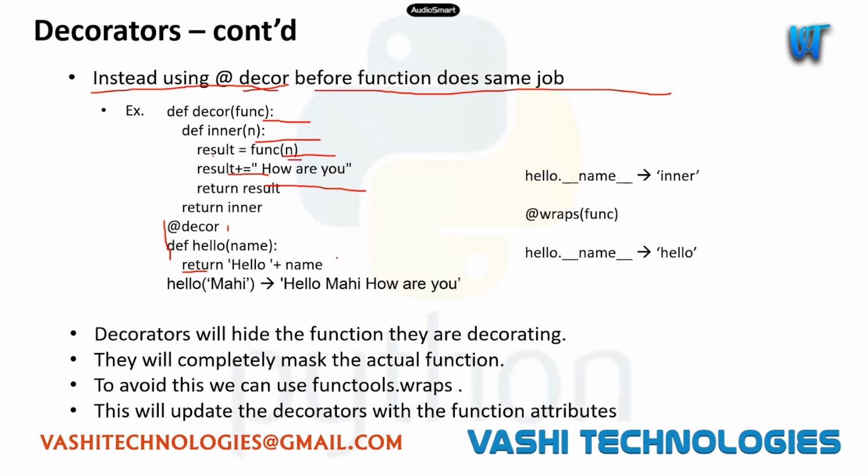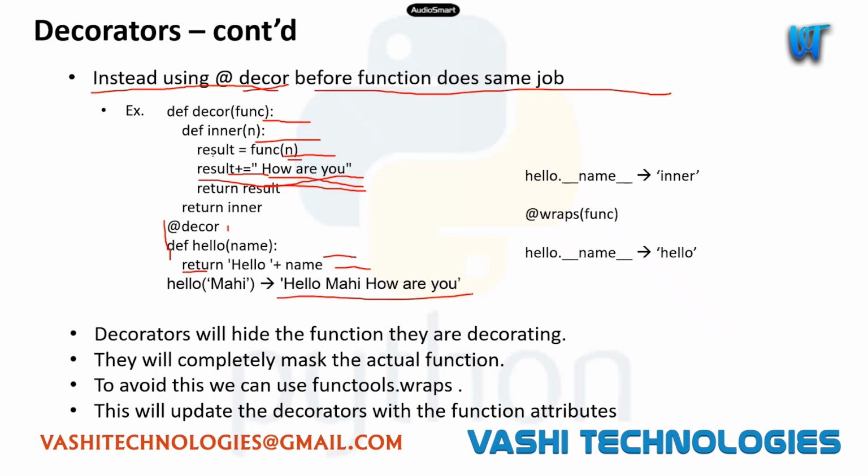This function is printing hello name, but this decorator is again adding a how are you message to the greeting which the hello function gave. And my function result here will be hello Mahi, how are you?